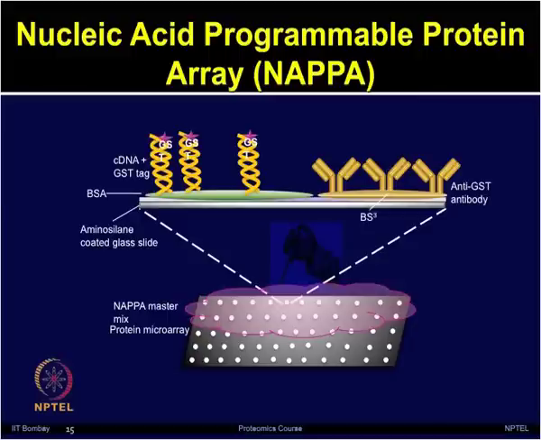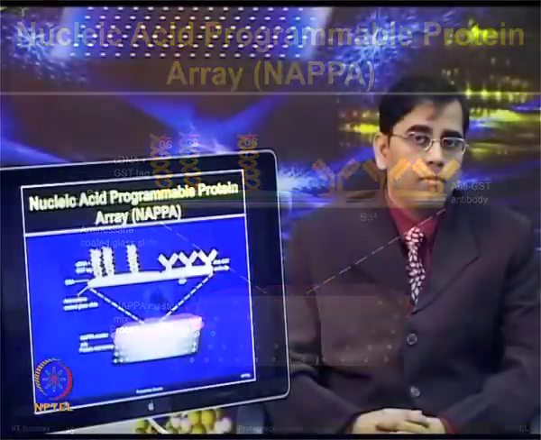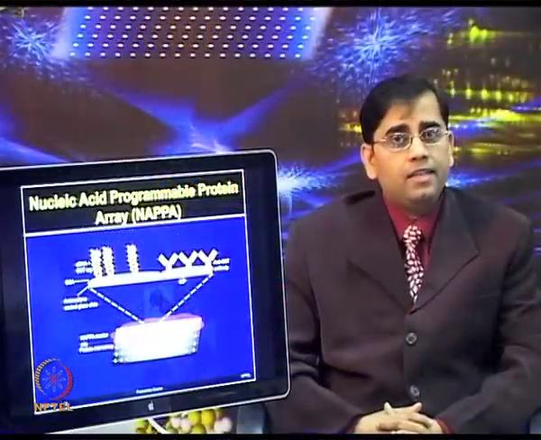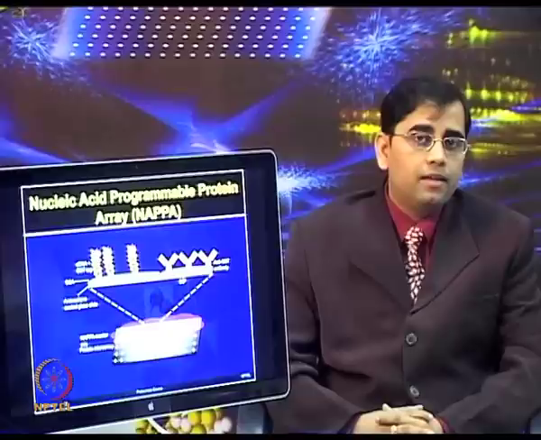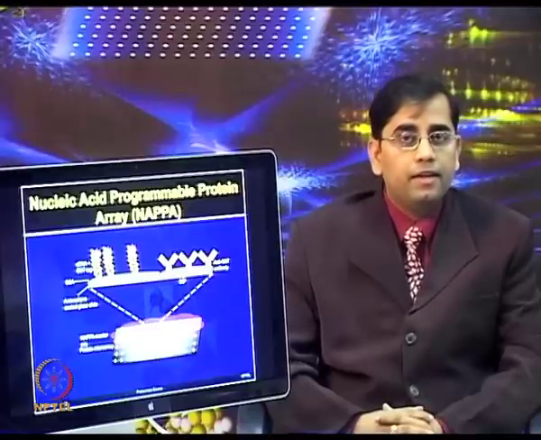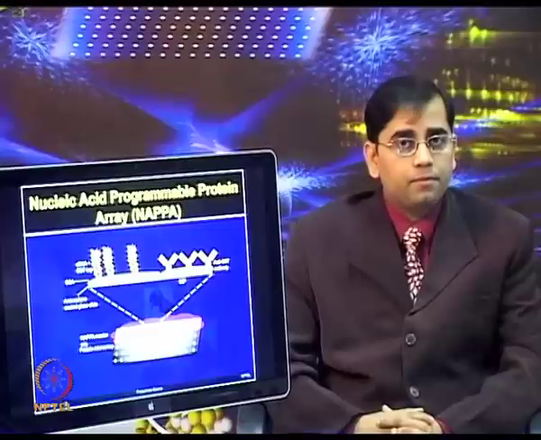BS3, a cross-linking agent, facilitates immobilization of the capture antibody, which in this case is anti-GST antibody, and that enables the immobilization on the array surface. Anti-GST antibody is the capture antibody that binds the synthesized protein containing GST tag.